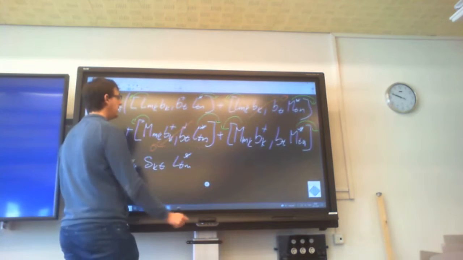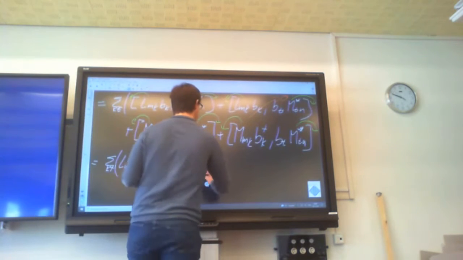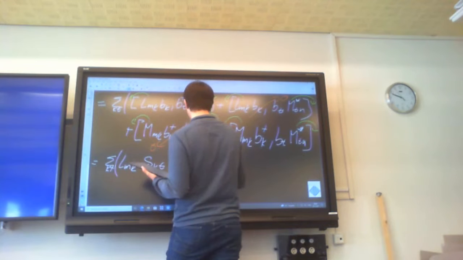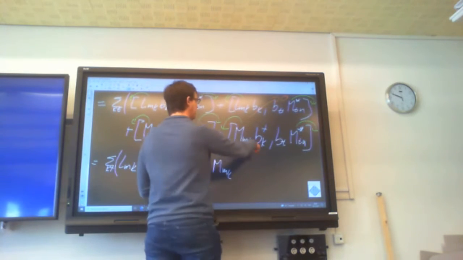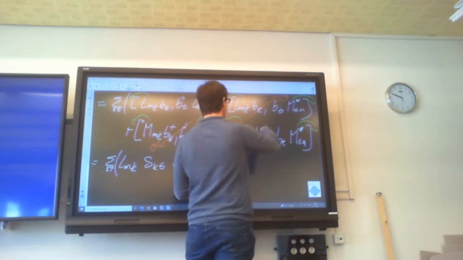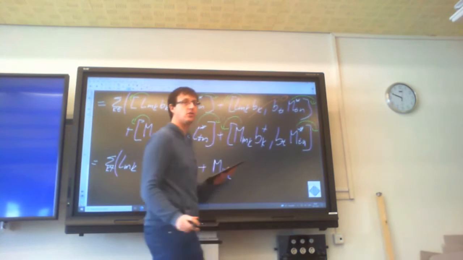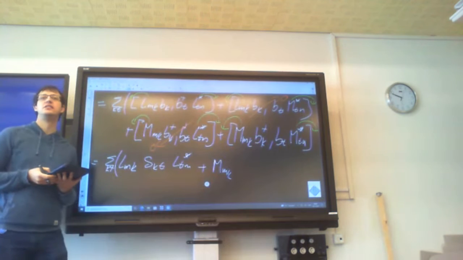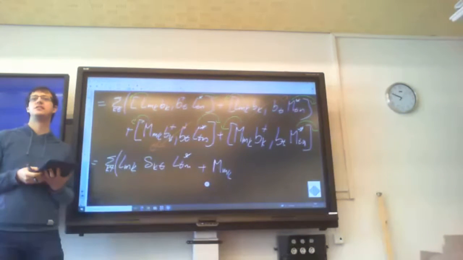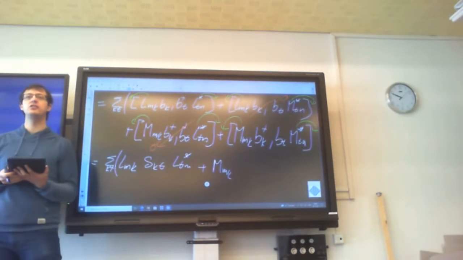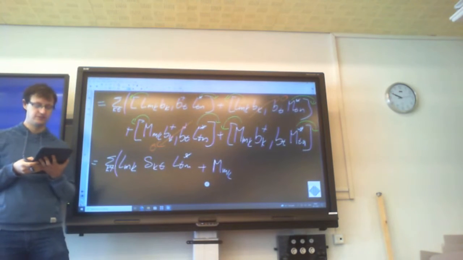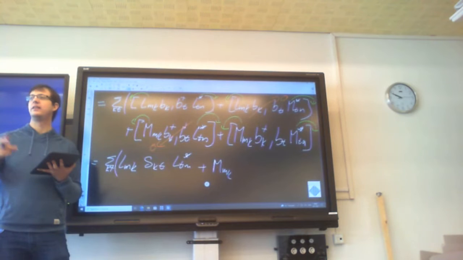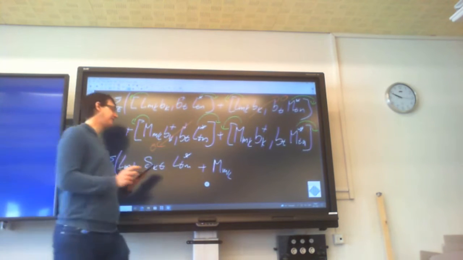And here in the last term, we have M_{nk}, the commutator between b_k dagger and b_t. What is this? Is it again just a delta function? Yeah? Perfect. We get the minus sign.